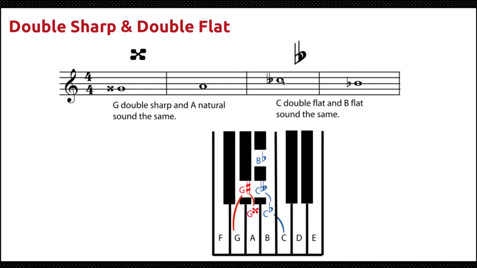Now for C, if you have C double flat, it's going to sound B flat, because look at C. If you place a flat on C, it comes back to B because that's the nearest neighbor. Okay, in the case of a sharp, the nearest neighbor to C with a sharp is C sharp, but now we're dealing with flat. Can you see there's no black key between B and C?